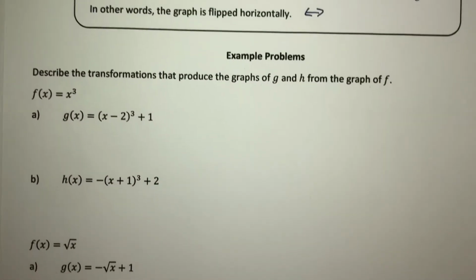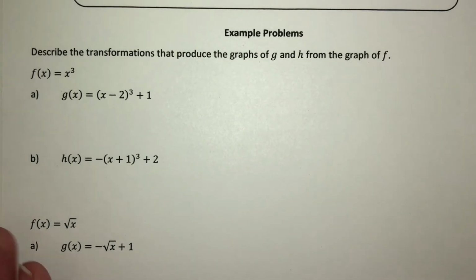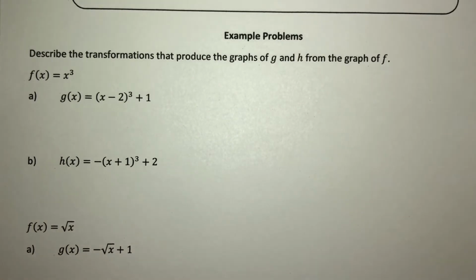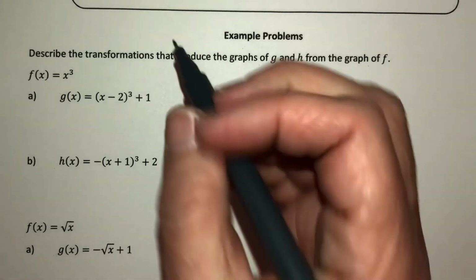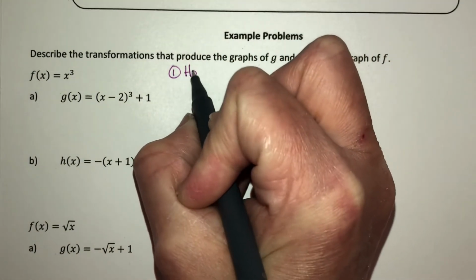So let's describe the transformations that produce the graph of G and H from the graph of F. Now, we haven't talked about this too much yet because we still have one component that we haven't talked about yet. But there is a definite order we are supposed to do these transformations in once you add something beyond a vertical and a horizontal shift. What you want to do first is that horizontal shift.